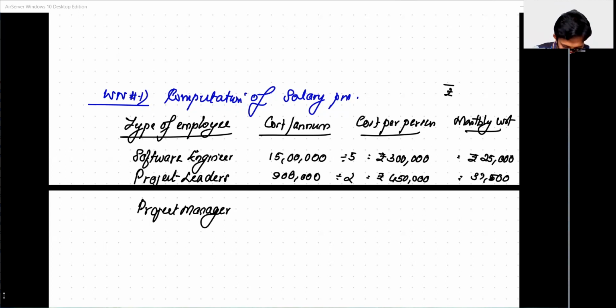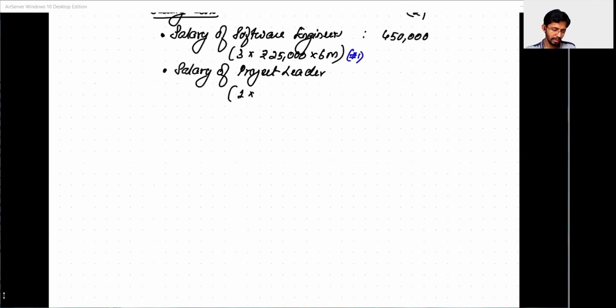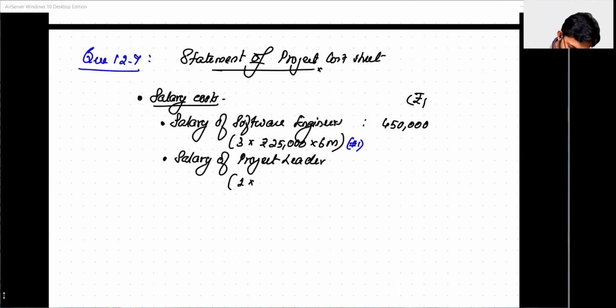Project manager, 1 person is paid 6 lakhs, divided by 1 will be 6 lakh. Divided by 12 will be 50,000.